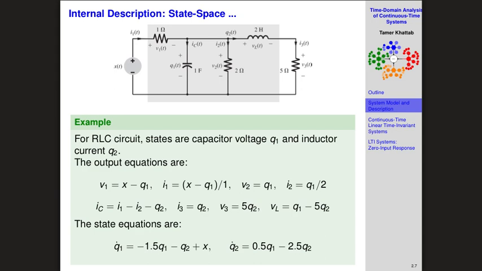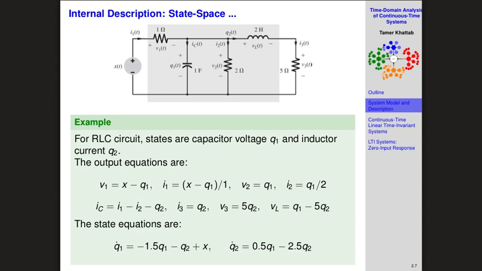If you study a control course or maybe some other courses that focus more on the state space representation, you will be looking at that. But you can figure out that if you know the voltage across the capacitor, call that Q1, and the current going into the inductor up there, call that Q2, then you can calculate every other current and voltage across this circuit. Okay? So you only need two states for this circuit.